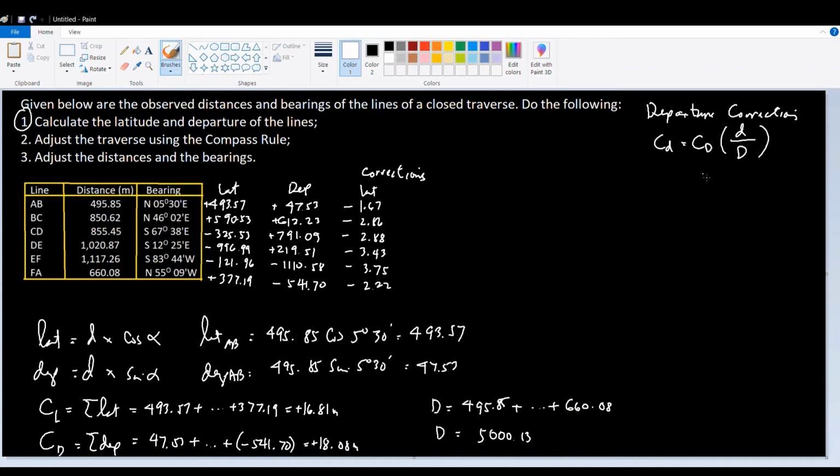So for CD of line AB, that will be the total 18.08 all over the total distance of 5,000.13 meters, multiplied by the distance of AB. So 18.08 over 5,000.13, distance AB again is 495.85, and that should give us 1.79.